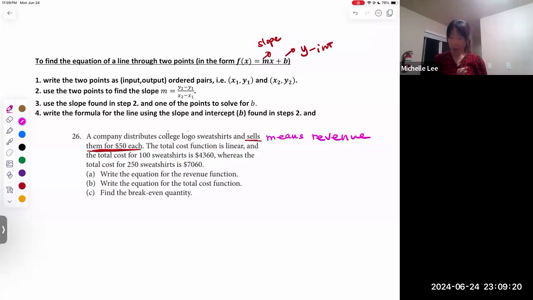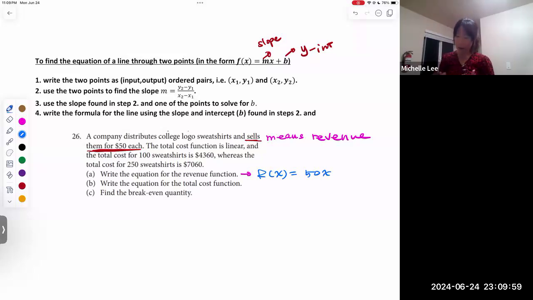The total cost function is linear, as we learned previously, and the total cost for 100 sweatshirts is $4,360, whereas the total cost for 250 sweatshirts is $7,060, right? So we need to write the equation for the revenue function. The revenue function will be R of x, which is 50x, right?